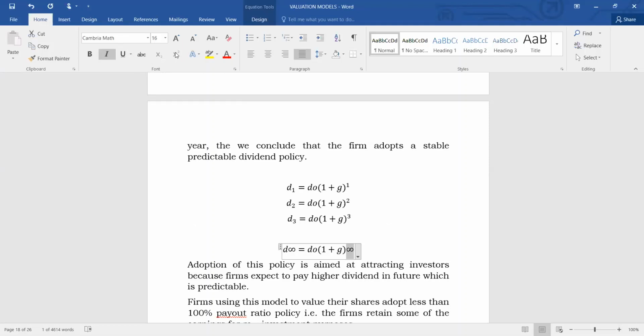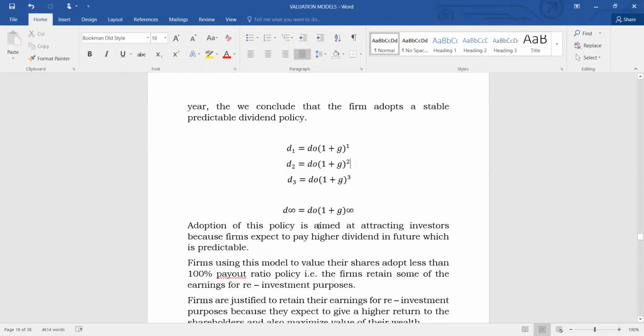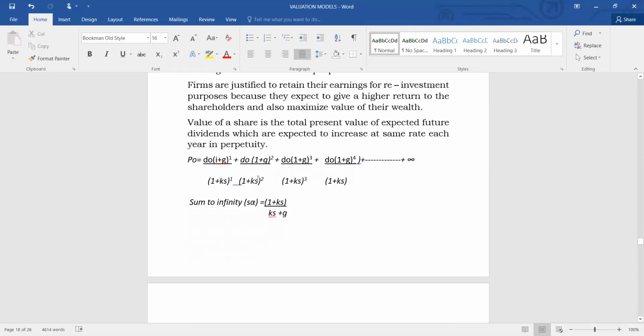Okay, so it goes on up to infinity. The growth rate is the same each year, and this goes on up to infinity. So the current price of a share is the sum of the present value of the expected future cash flows.